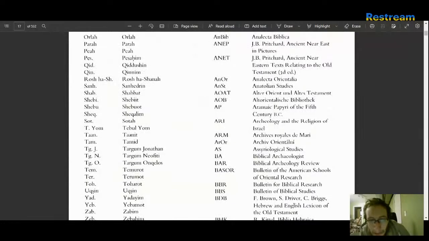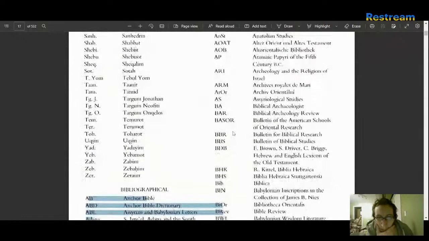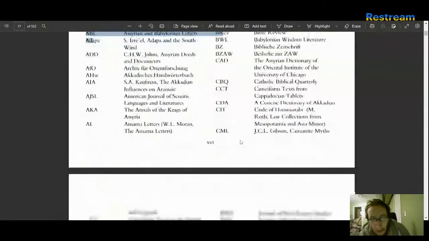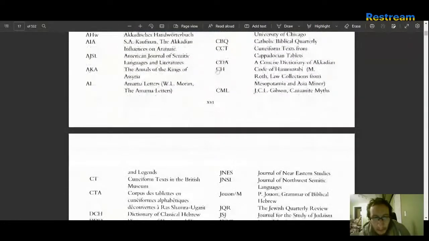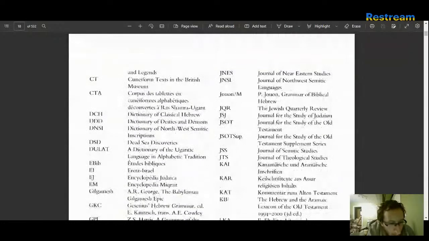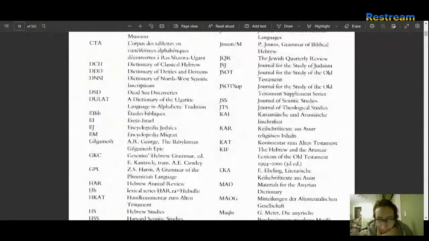That's the Elephantine papyri. And if we need to, we can always go back and consult this list if we're confused about any reference. CH is Code of Hammurabi. KB is a lexicon of Hebrew.